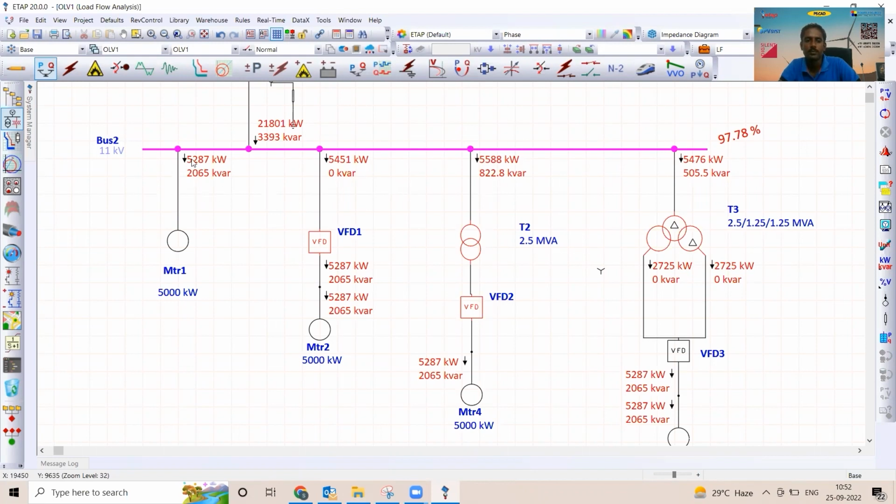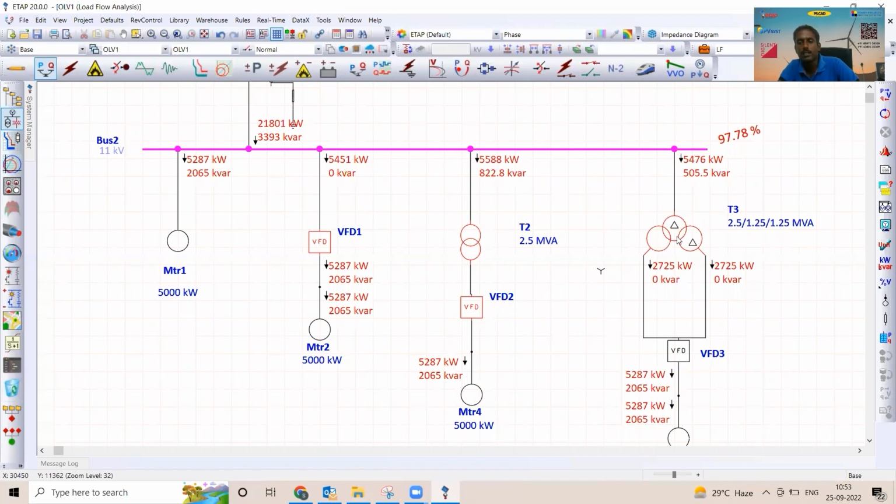So 5287 becomes 5451 and that becomes 5588, right? The losses have drastically increased, and because of the advantage of the variable frequency drive, it's not really drawing any reactive power, but here there is a reactive power loss in the transformer that's reflected here.